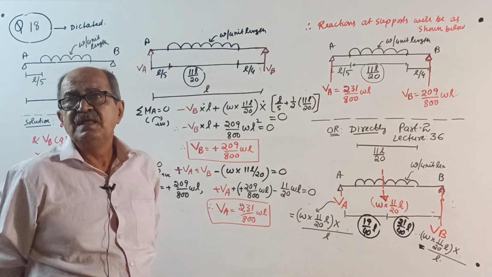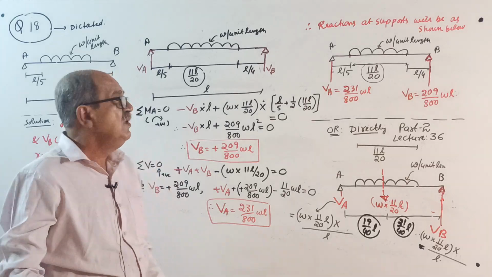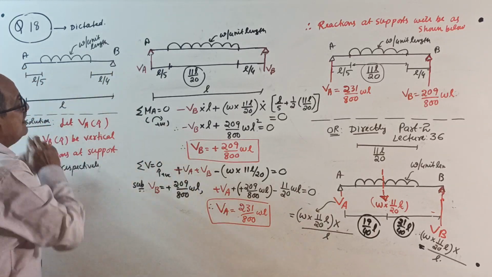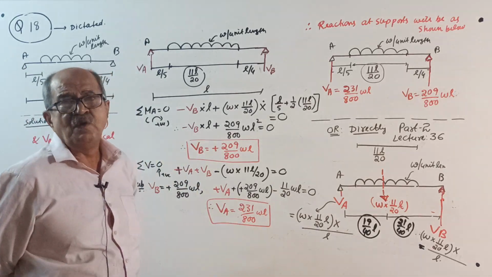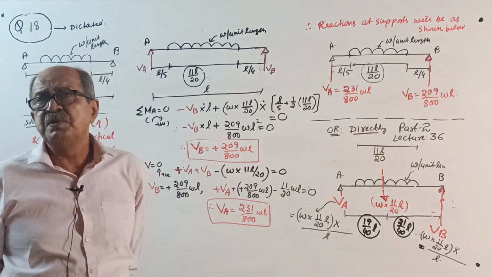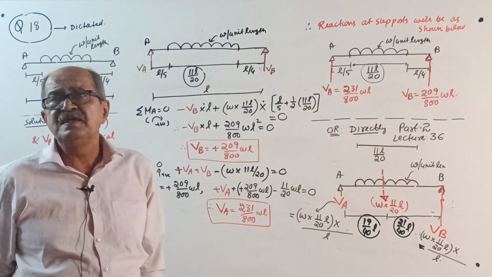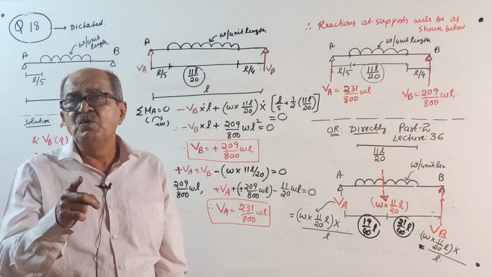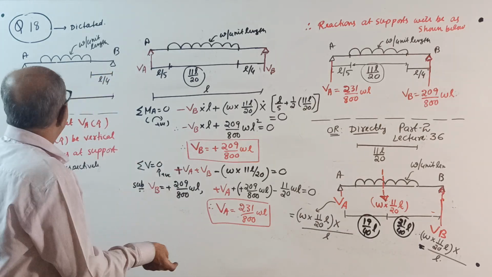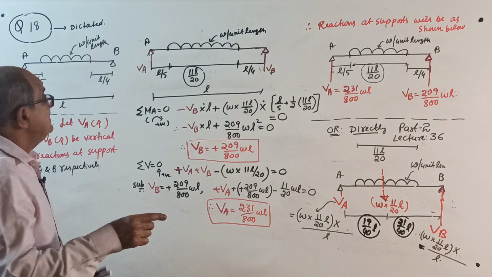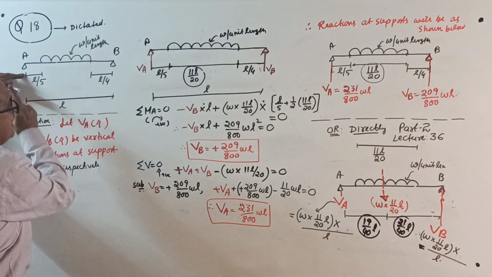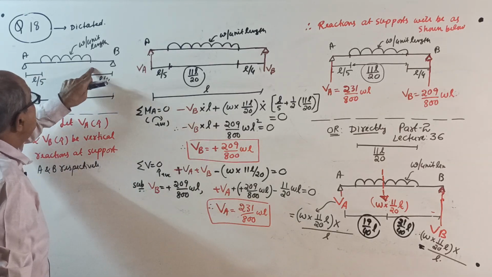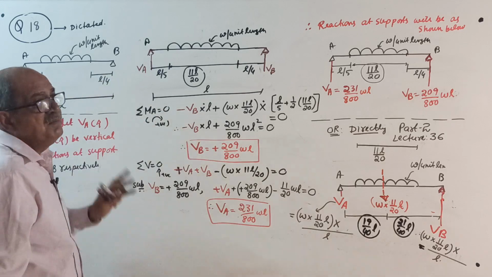Be careful. A simply supported beam of span L is loaded by a UDL of intensity small w per unit length. See, be careful now, small w per unit length, which starts at L by 5 from left end and ends at L by 4 from right end.